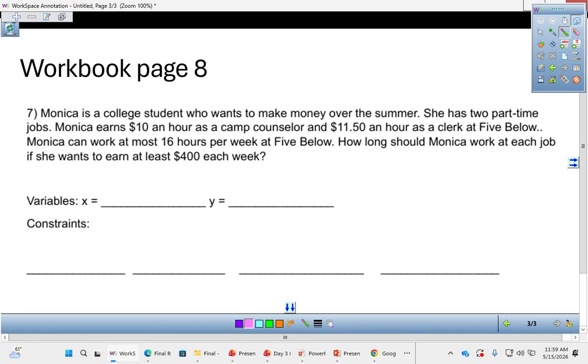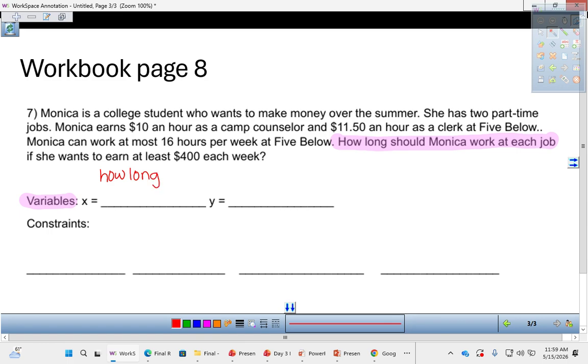So remember from this unit that the variables come from the question. So I'm looking for the question word. How long should Monica work at each job? So her variables is how long she should work at each job. So it would be how long, or hours, she should work at each job, which would infer that there's more than one type of job.